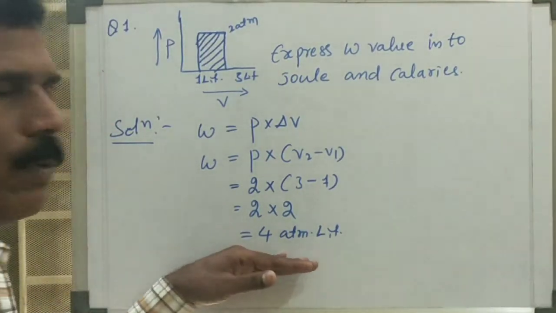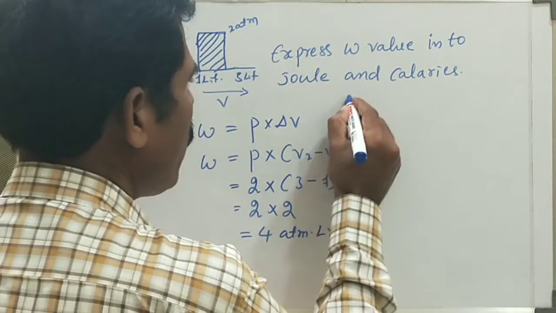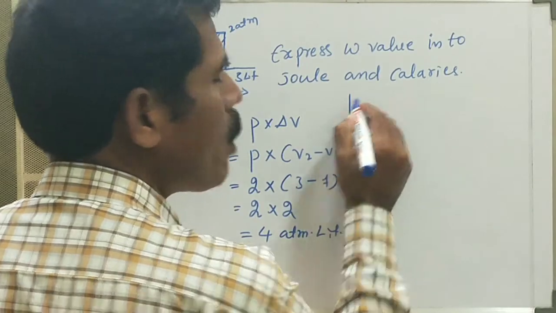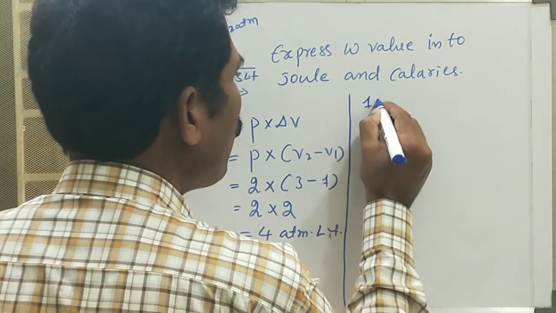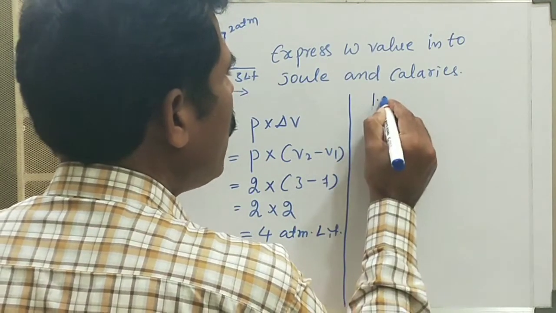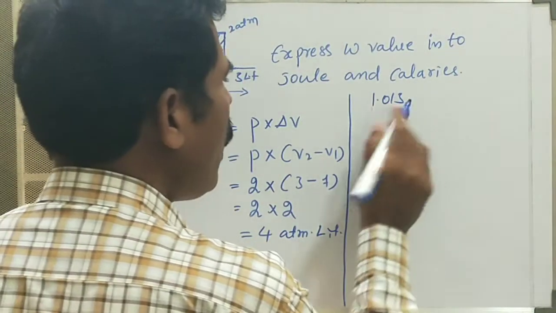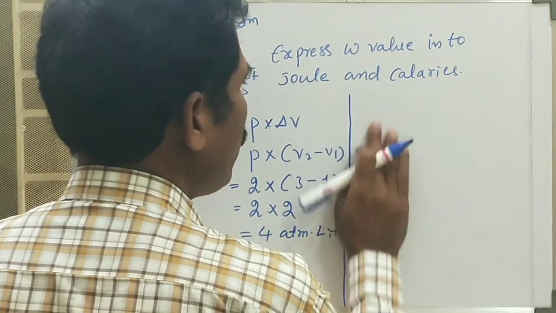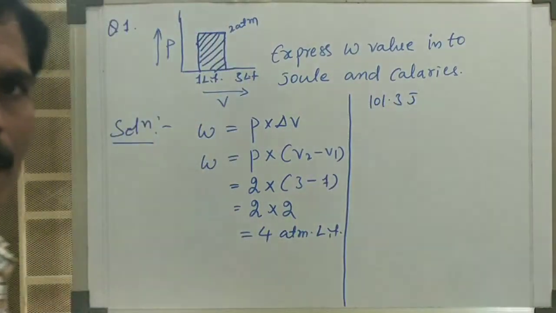Now we are going to convert this value into joules. 1 atmosphere liter, as we already calculated, is 101.3 joules. We directly take the value without conversion.